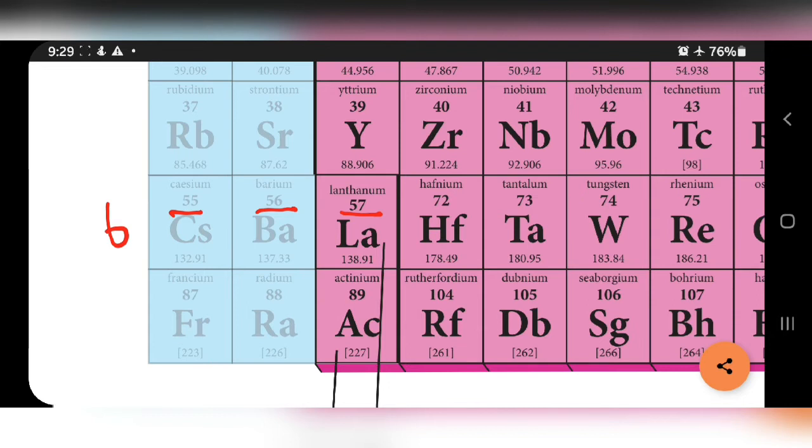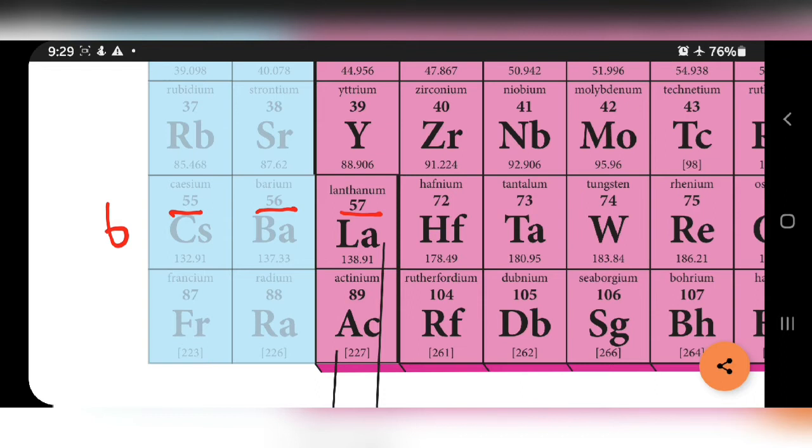So, after atomic number 57, from 58 to 71, all are called F block elements. F block elements are formed by electrons filling the 4f subshell, and these 14 elements following lanthanum show similar chemical properties.